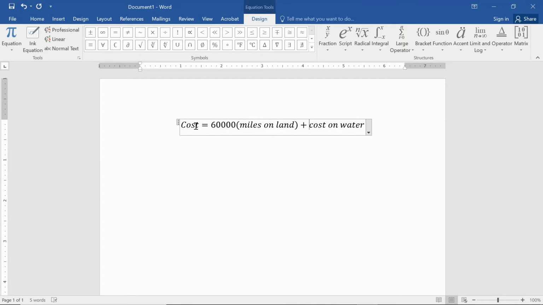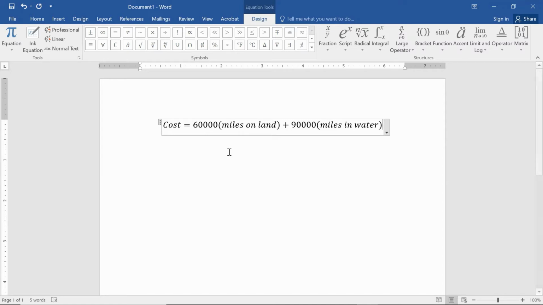The cost on the water is going to be $90,000 times the number of miles that we laid cable in the water. We want to come up with an equation where our variables are involved in the miles on land and miles in water, and then minimize using derivatives.